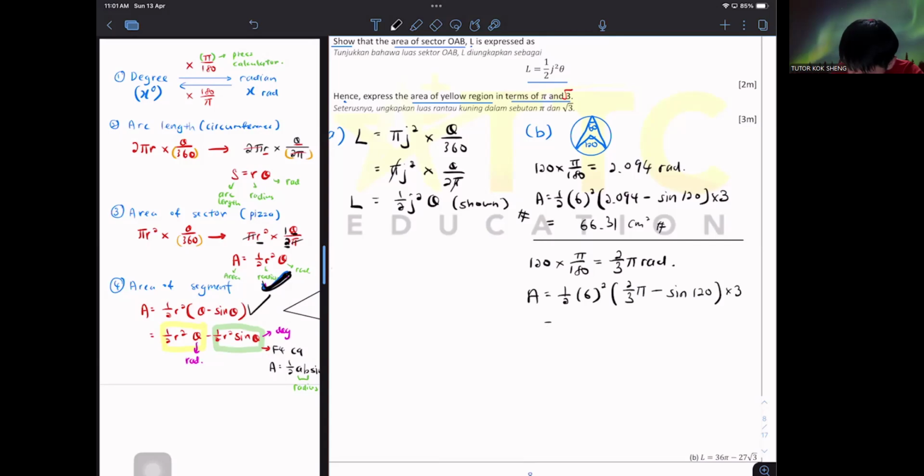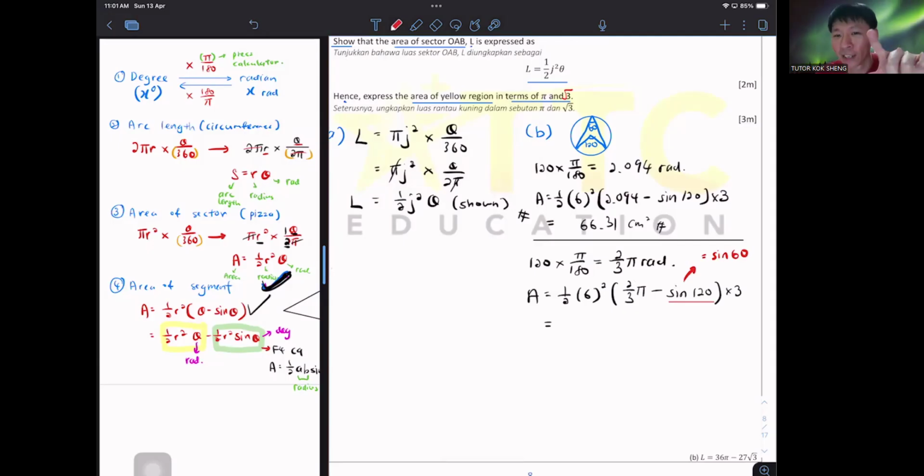Okay, but now, this sine 120. You also learned that in mathematics already. I think form 3, the sine cos tangent. Sine 120 actually equals to sine 60. I'm not sure you know about the sine cos tangent table or not.